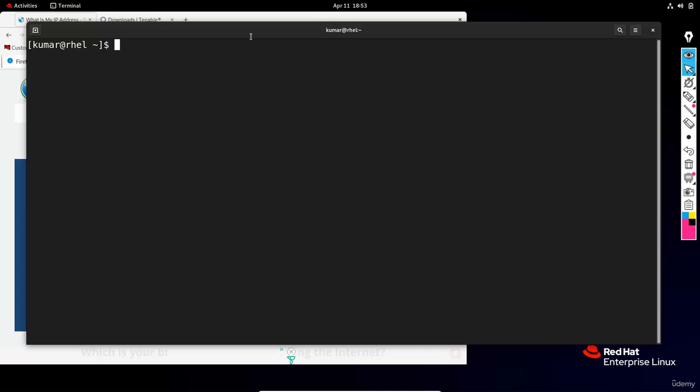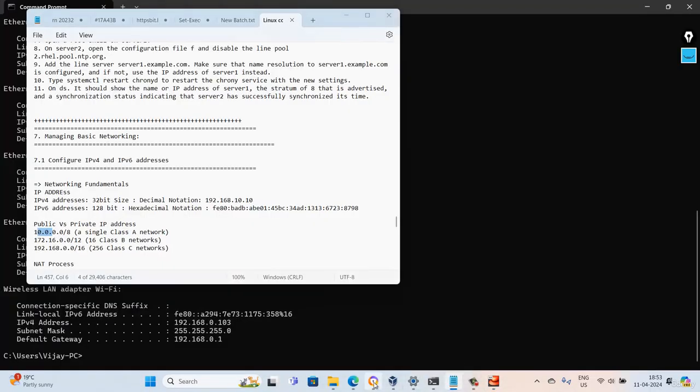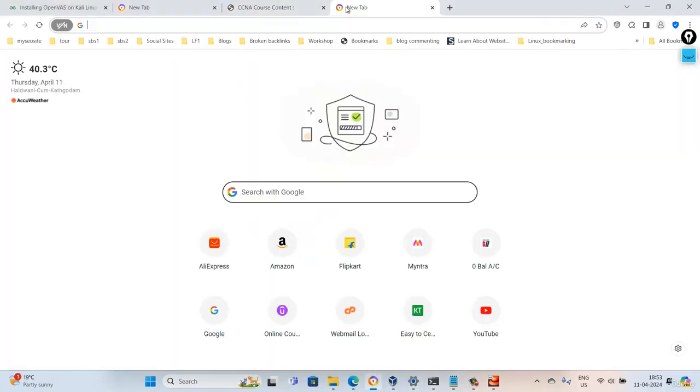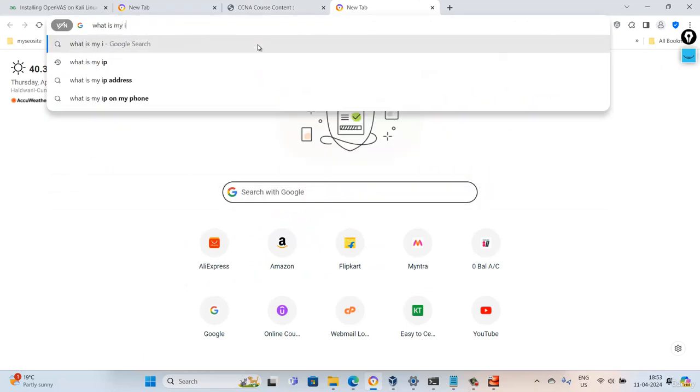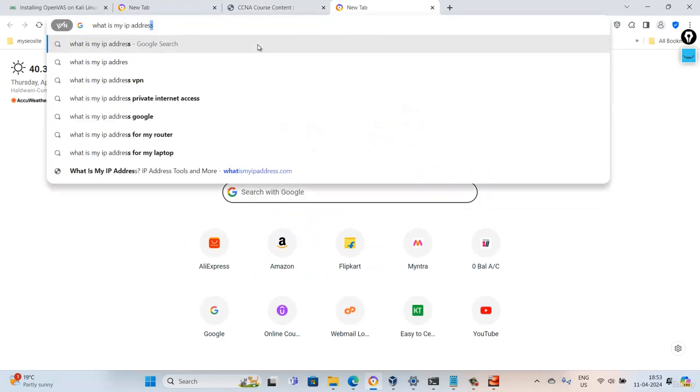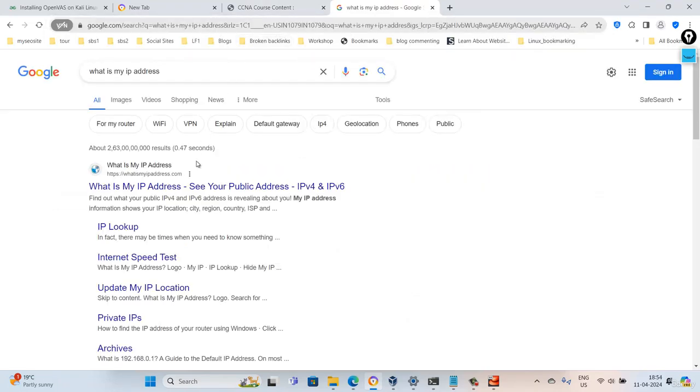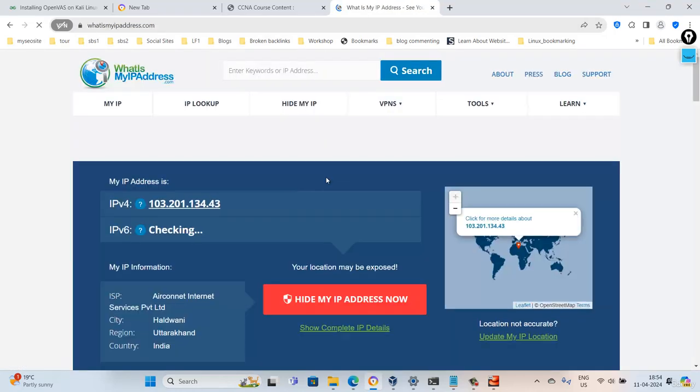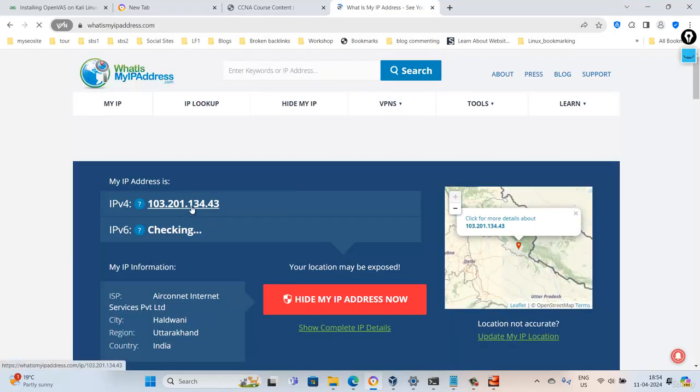Okay. So guys, I am going to say one thing. This is my Linux machine, and this is my Windows machine. On my Windows machine, I also check what my IP address is. Then move to this website, and you can see this is the same IP address.